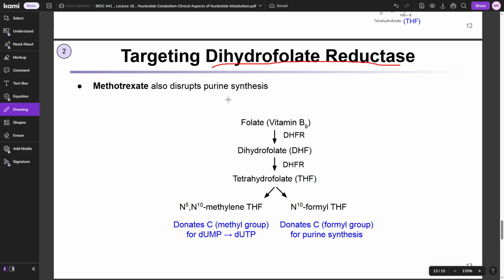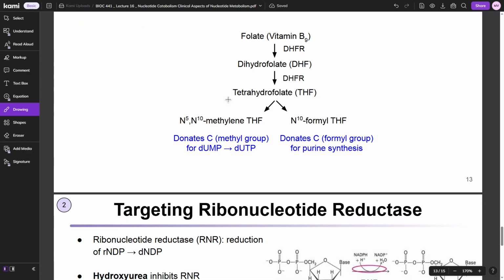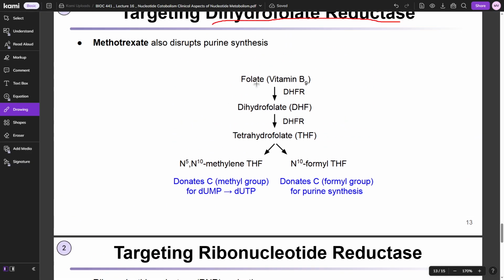But yeah, just remember, de novo purine synthesis uses THF in forming the actual backbone structure of the nitrogenous base. It's like 2 of the carbon atoms. I think the bottom 2 nitrogens come from a glutamine, and then the 2 carbons to the right and left of those come from THF. So if you break that, then you can't make new purines. So that's actually a problem.